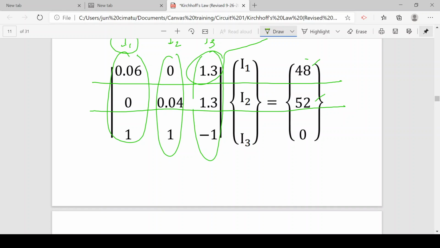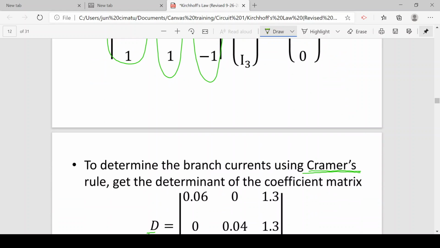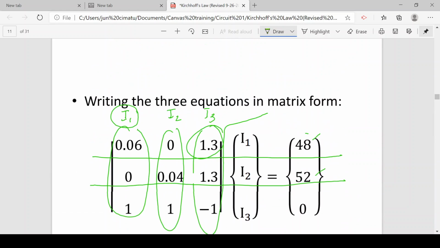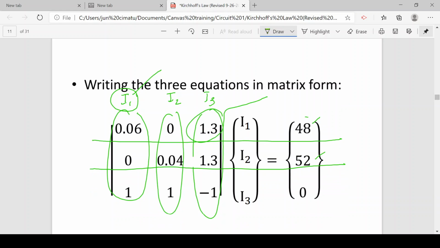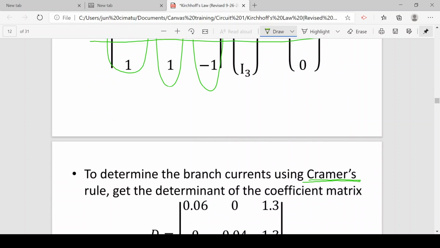That could be possible, but the problem is if you get a wrong value for I sub 1, the rest of your answers will be wrong.